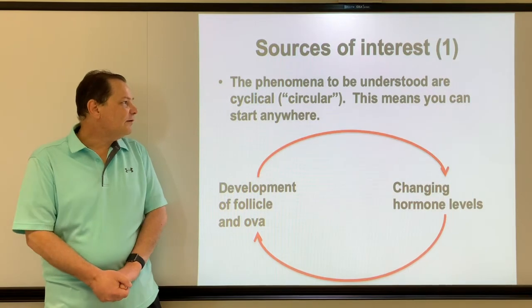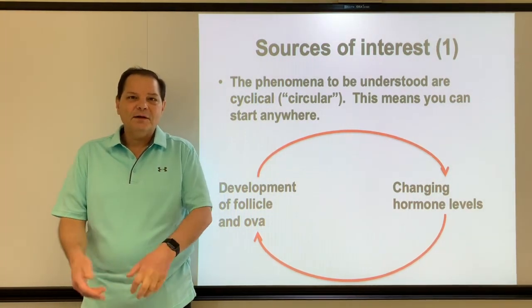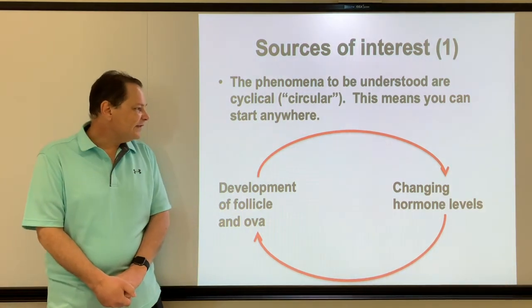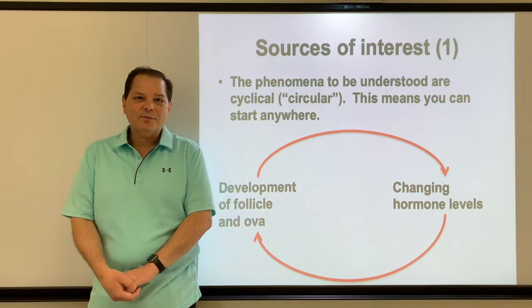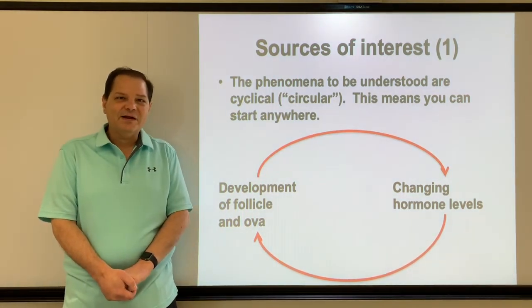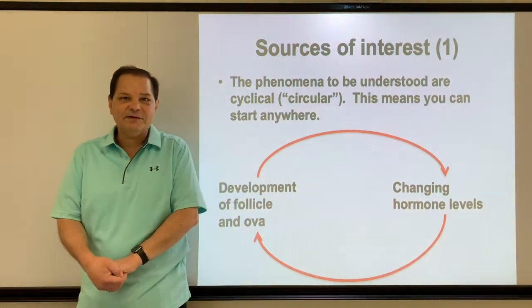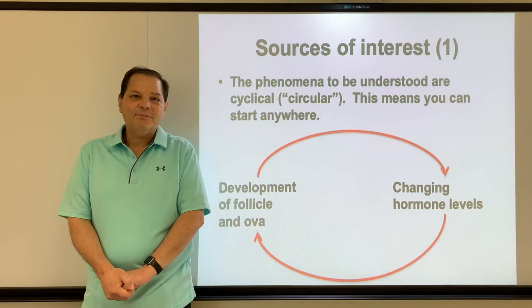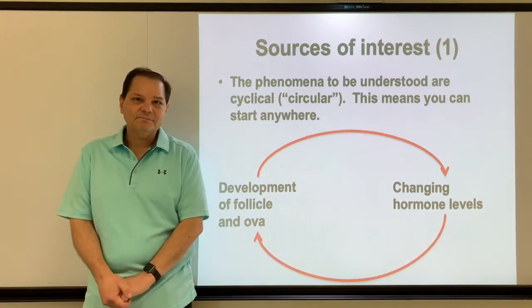So one of the things that you will note about the menstrual cycle is that it is circular. And that means that you can start anywhere in the process, and assuming pregnancy does not take place, you will go around and go through the cycle, and you will come back to the place where you started. And that will happen every single time until you stop cycling.